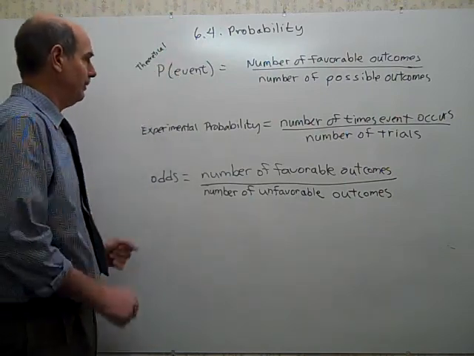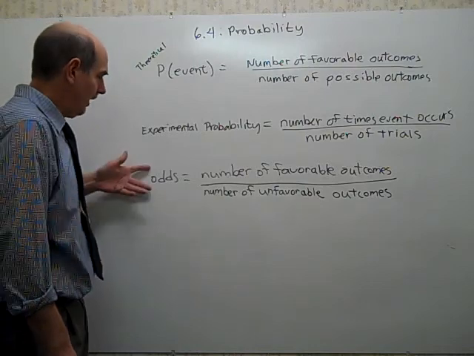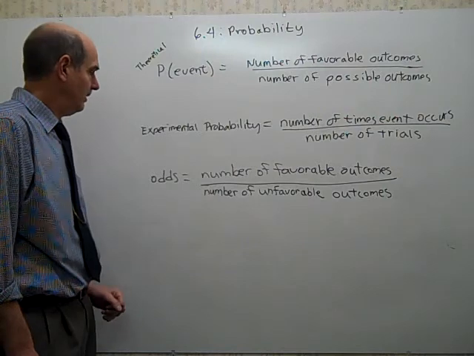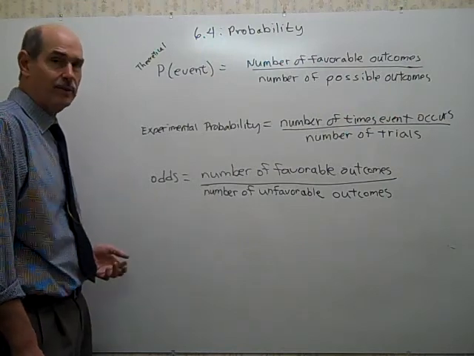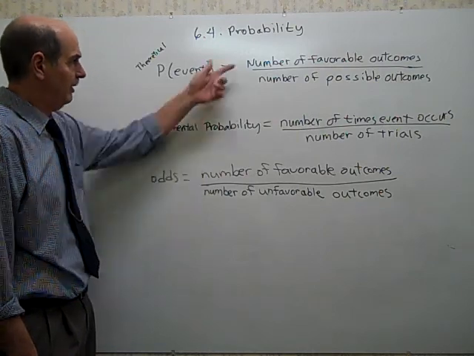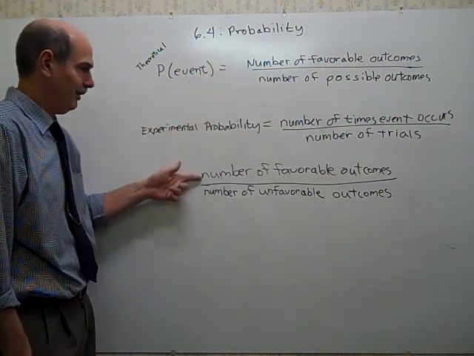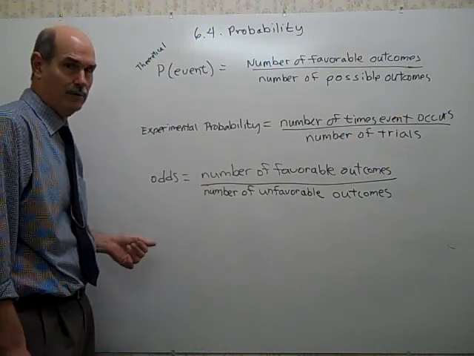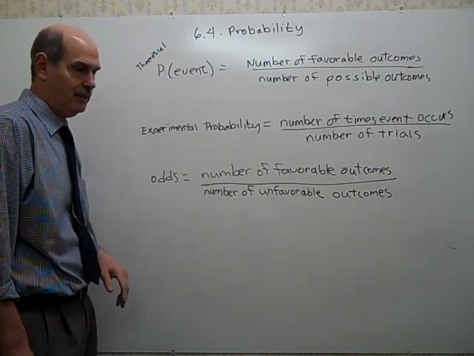So those are some examples of theoretical probability. I'm talking about odds for a second because they're closely related, and I want to talk about experimental probability. Odds is close to the definition of probability because you see they have the same thing. It's a comparison of number of favorable outcomes. So we're talking about getting a 2 when you roll a die, but only a 2, not any of the other numbers.